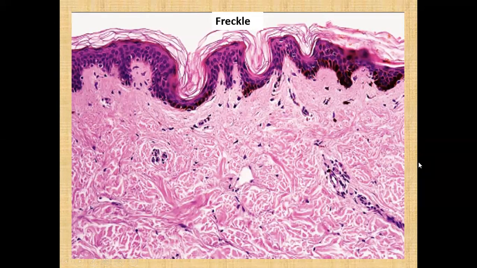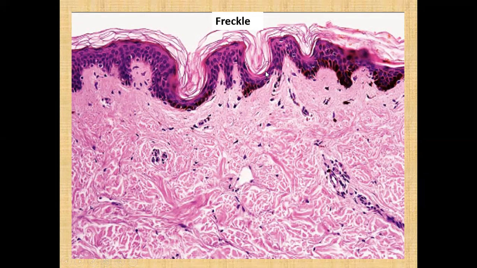Freckle cannot really be called a benign melanocytic tumor, but is just an alteration in skin color on the face. Histologically, a freckle will not be different from a normal epidermis, but has increased basal and suprabasal pigmentation.